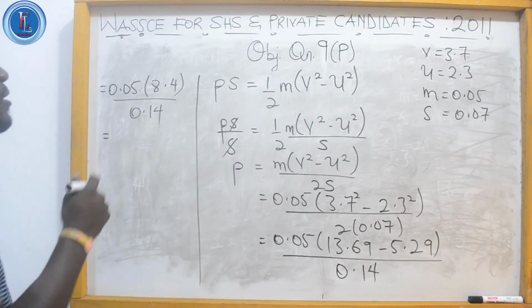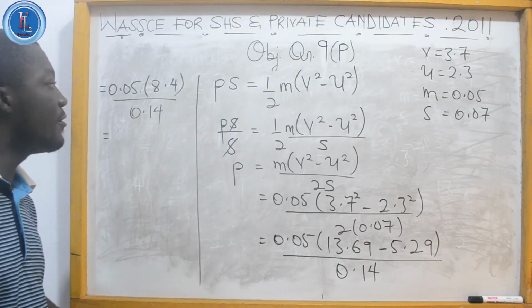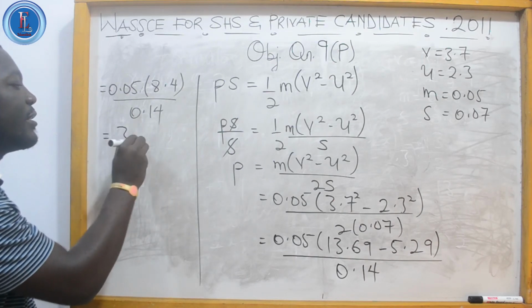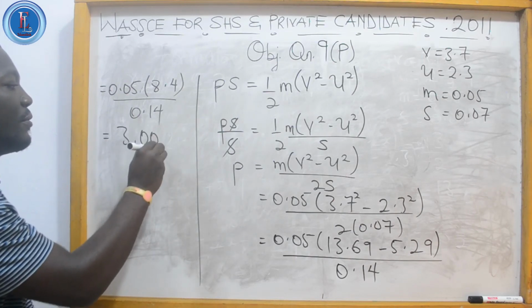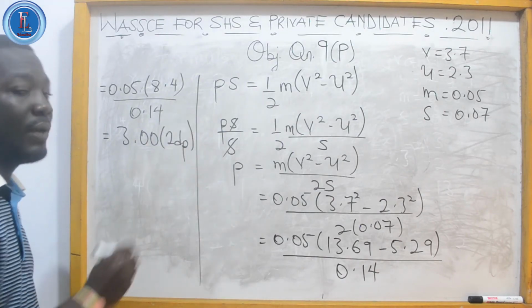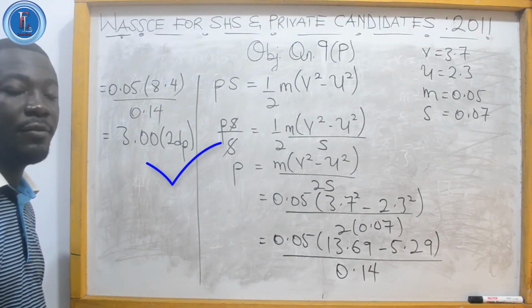And when you multiply 0.05 by 8.4 and divide it by 0.14, you are going to get 3.00 to 2 decimal places. And that is the value for P.